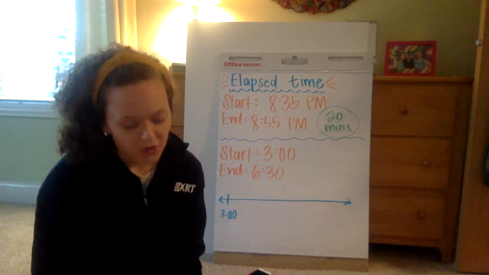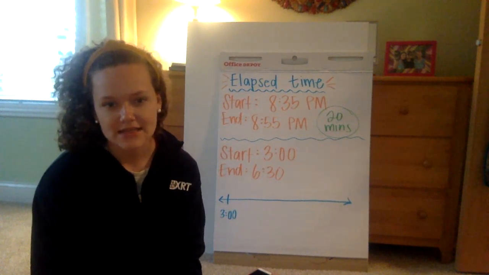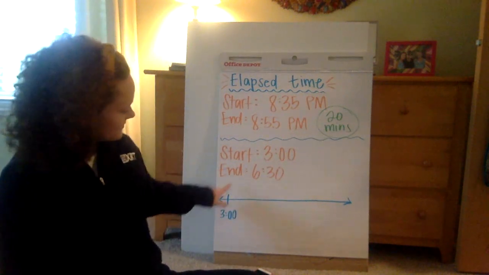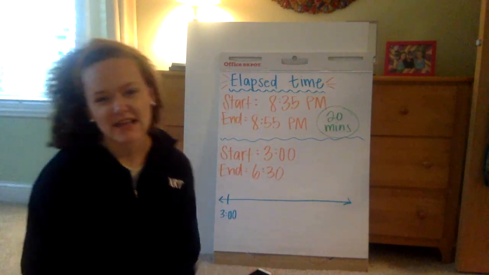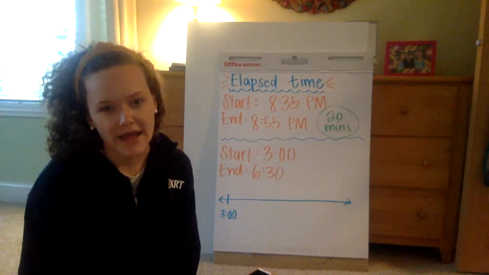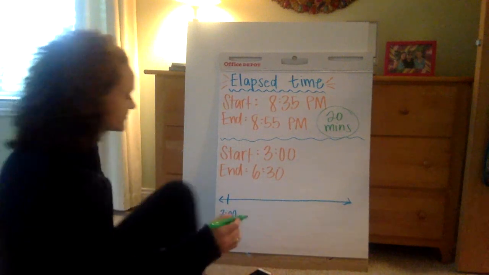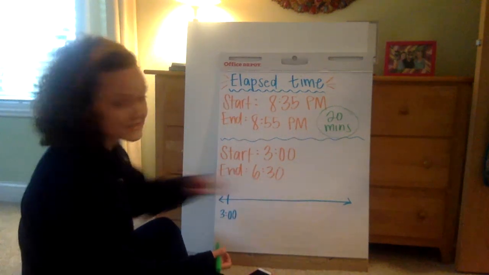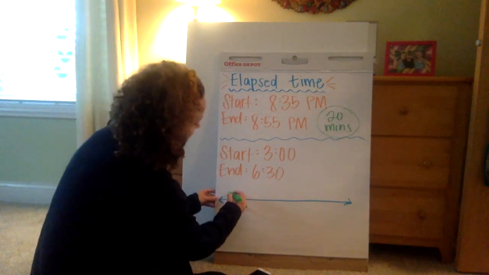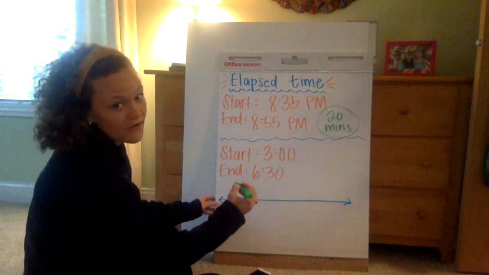So normally on a number line, I'd like to count by tens if the elapsed time wouldn't be that long, but between 3 and 6:30, that's kind of a long time, so I'm not going to count by tens if I don't need to. So let's count by hours first. So I'm going to try to get to 6 o'clock by counting with hours. So 3 o'clock plus 1 hour gives me 4 o'clock.